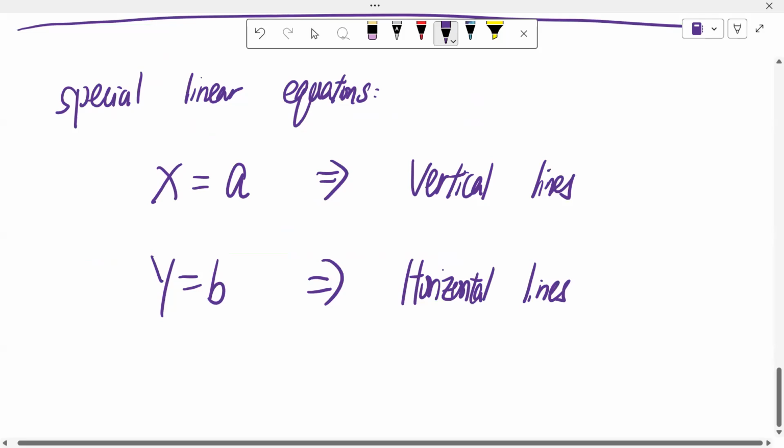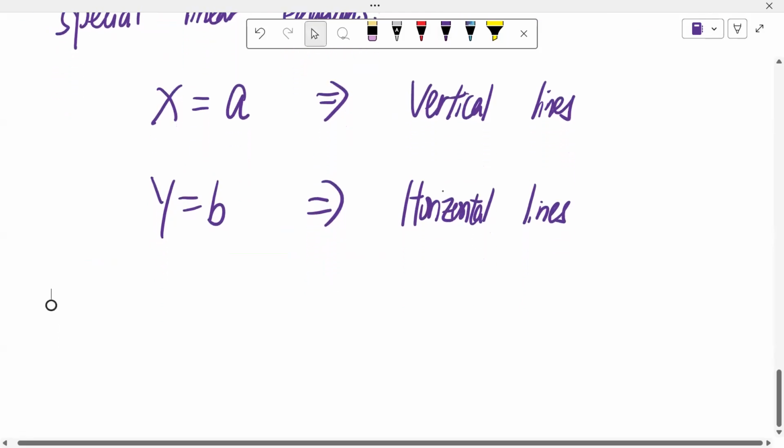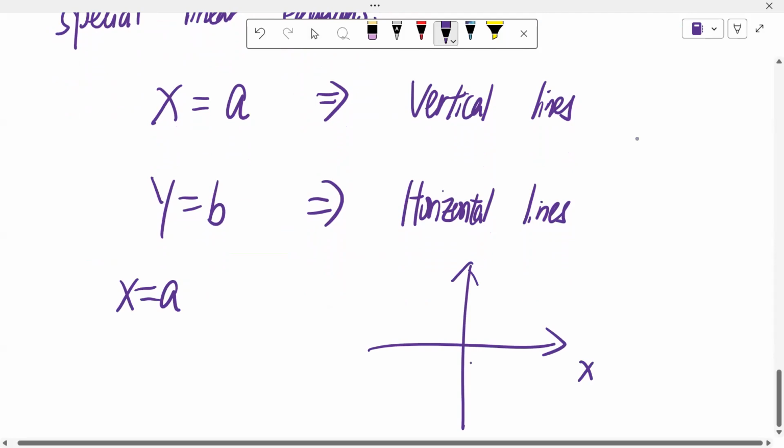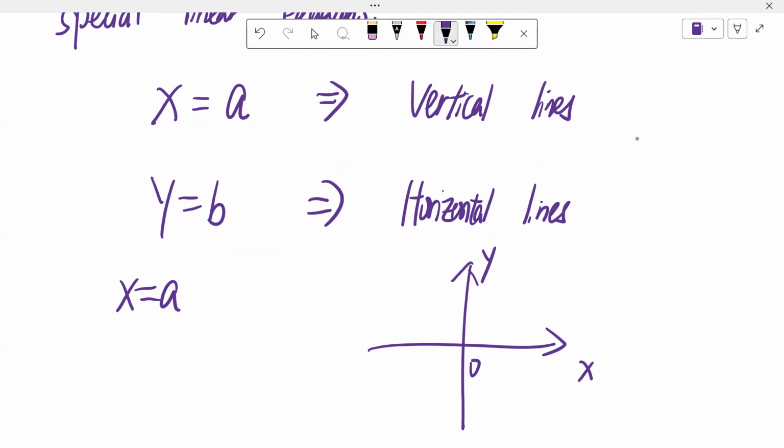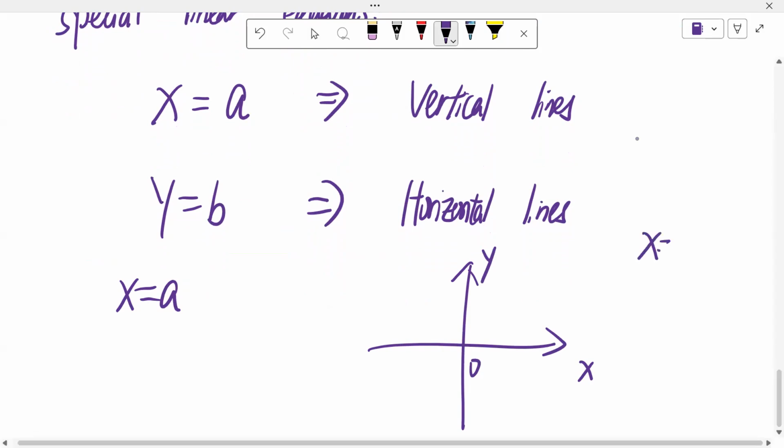And the reason why x equals a is a vertical line, let's think about this. If you look at the Cartesian system, the equation to represent the y-axis would be x equals 0, because every single point on the y-axis has an x value of 0.